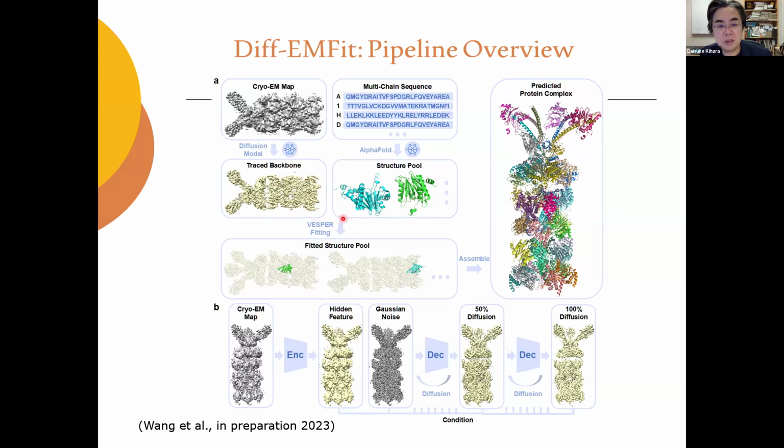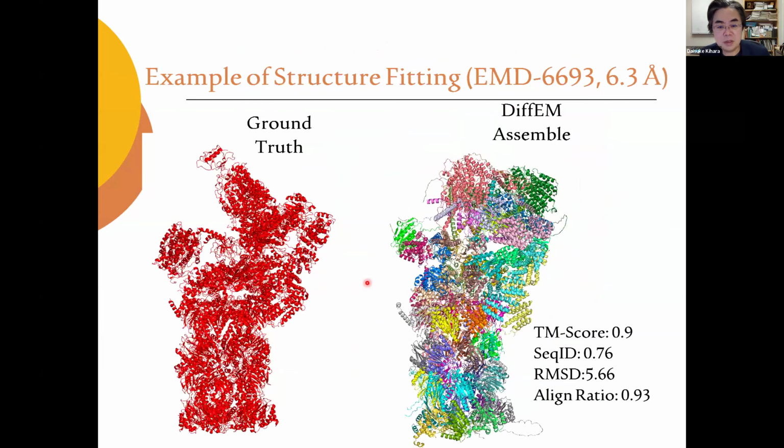Often the structure to fit is not available, but here we use AlphaFold to build predicted models, and then we fit this predicted structure to the diffused map. This process is much easier because the CryoEM map is now more sharpened. And by using this method, we can build very large structures. Like in this case, this is the ground truth structure, and this is the result of Diff-Modeler, our new tool.